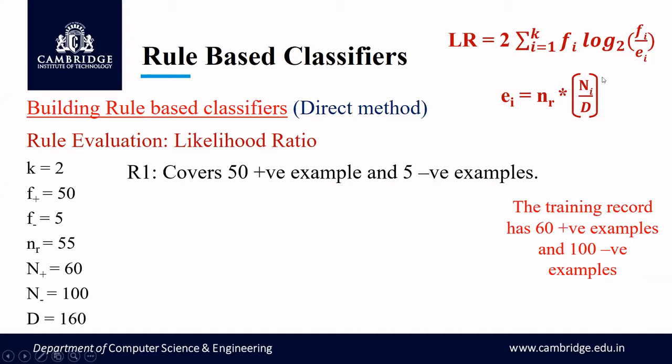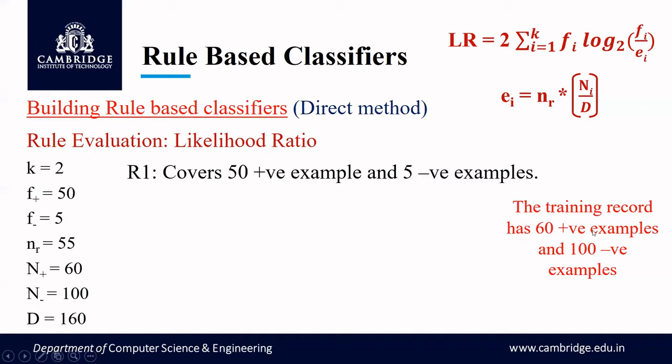And NI, again. So for NI, positive and negative both you have to consider. This is with respect to the training set given. So how many records belong to the positive class? He says that in the training record we have 60 positive examples. So N plus becomes 60.